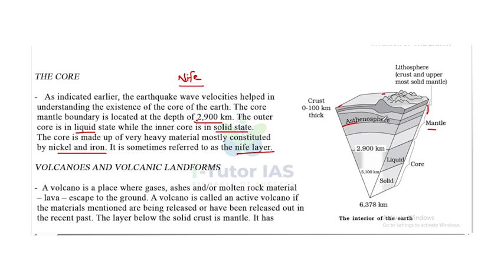The crust and upper mantle together are called lithosphere. Look at this crust and uppermost solid mantle, this portion is lithosphere. And this is asthenosphere, the weak area. And this is outer core, then inner core, liquid and solid portions.